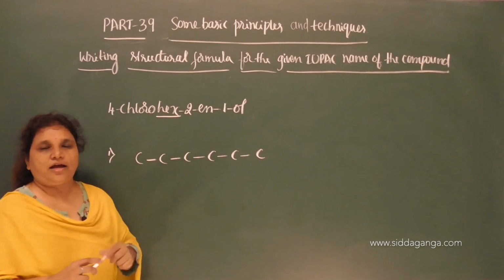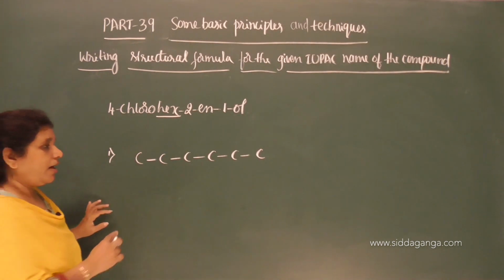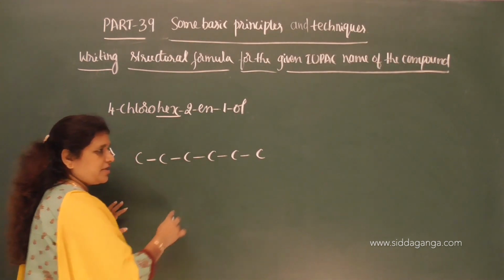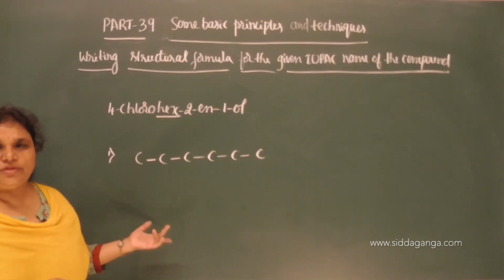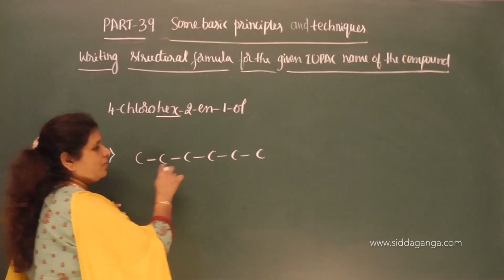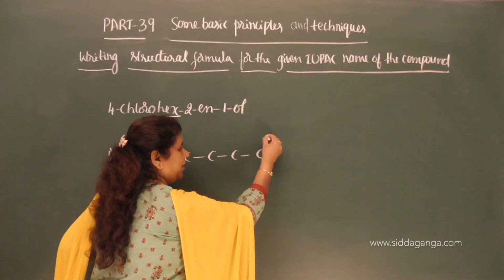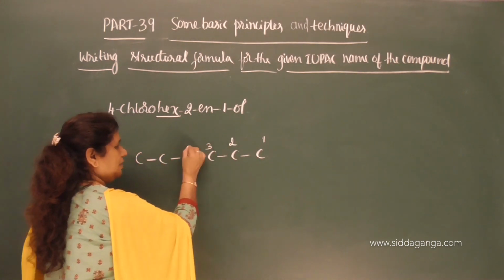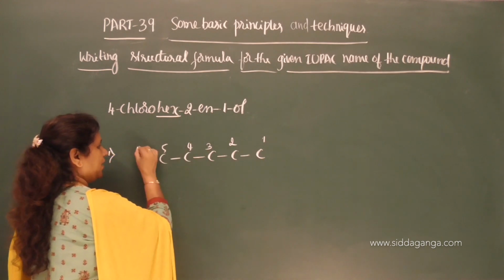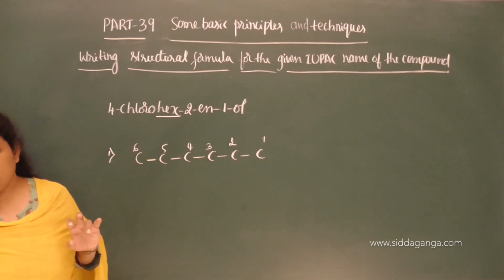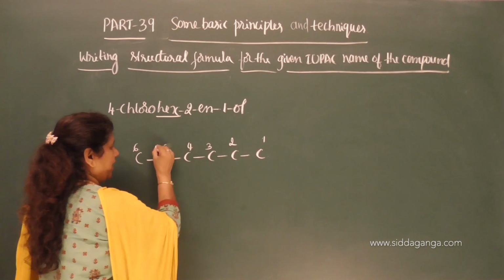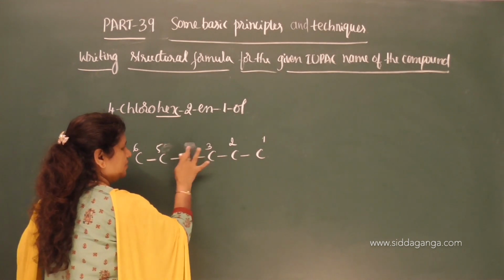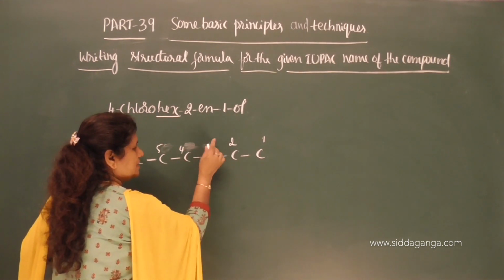After writing the carbon skeleton, we have to number the carbon chain from one end to the other end. So, for convenience, I am giving the number from this end, 1, 2, 3, 4, 5, 6.